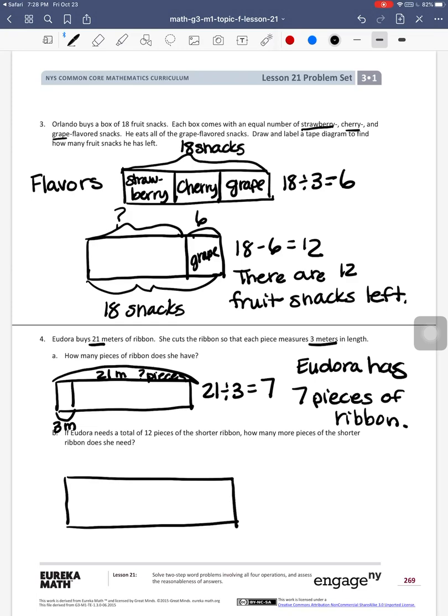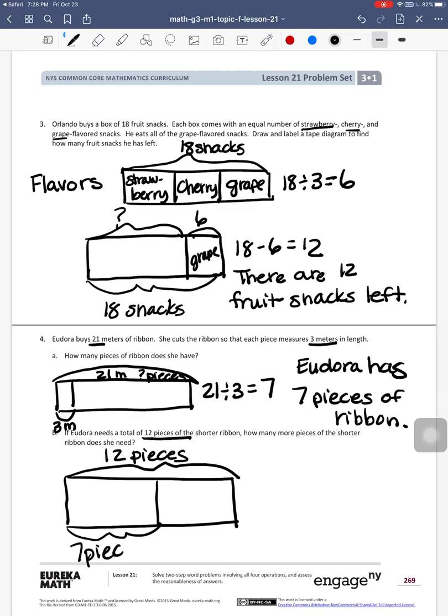Now, we had 12 pieces, right? So that's going to be this whole thing. 12 pieces. Now, what number did we have up here at the top? We had 7. When I think of 7, 7 is a little more than halfway through 12. So I'm going to make my line a little past the halfway. And so this is our 7 pieces. And our unknown is this.